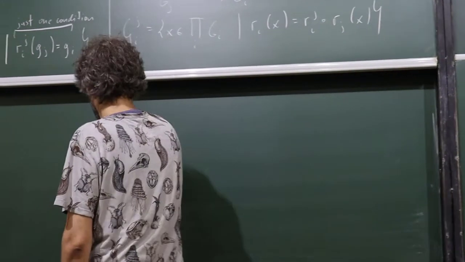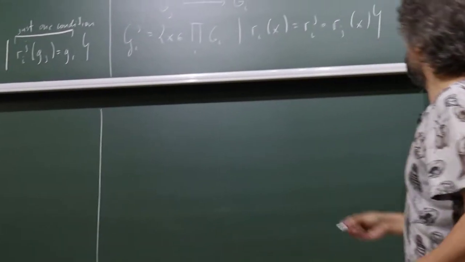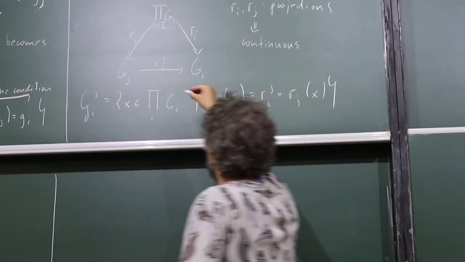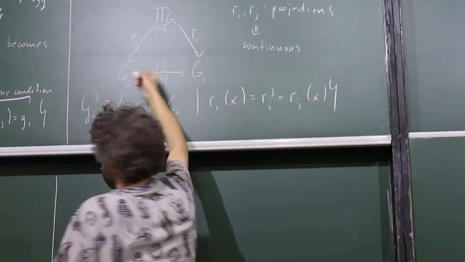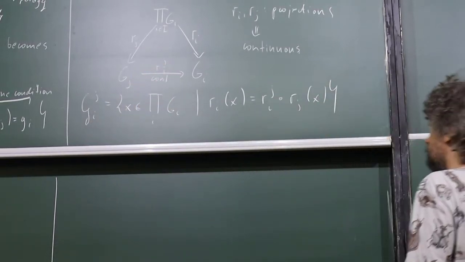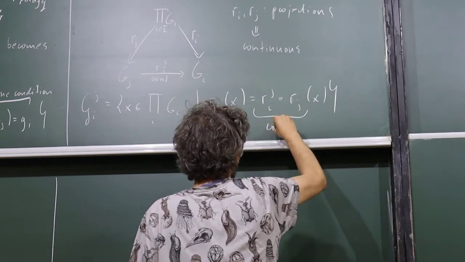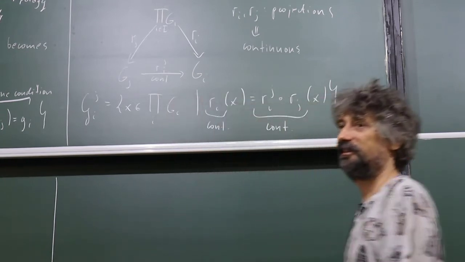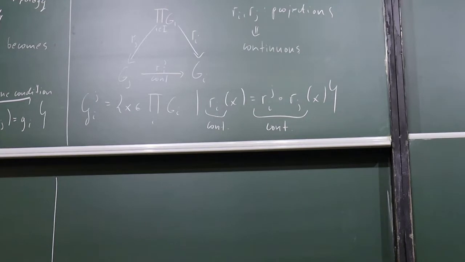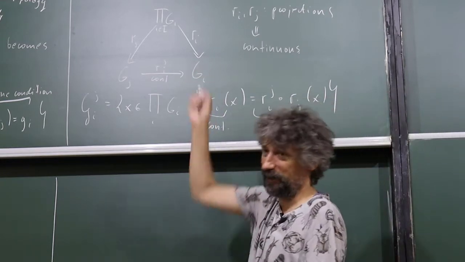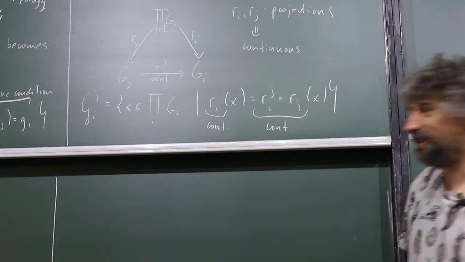But still, why is it a closed condition? Okay, so we notice the projections are continuous. This is also continuous, because any map from a discrete space is continuous. But still, not always. This implies that such a thing is closed. So do you remember what the condition is? The condition is that this space must be Hausdorff, which is usually the case.